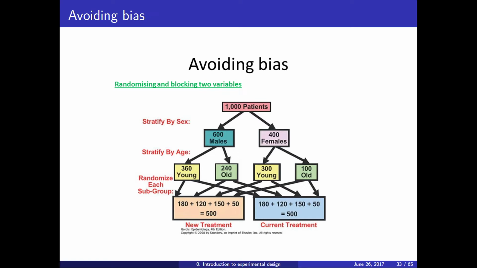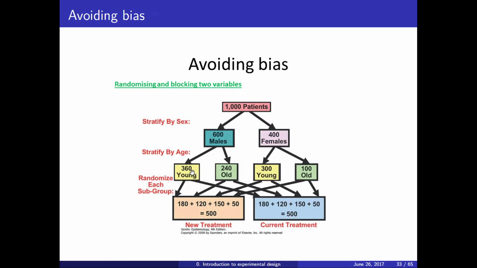And blocking and randomization can be intertwined. So for instance, let's say that you think that there are a couple of variables that can affect your measurements. You have sex and age, and whatever you're measuring may depend on sex and age. So you have 1,000 patients, and then 600 of them are males, 400 are females, and among the males you have this amount of young males and this amount of old males.